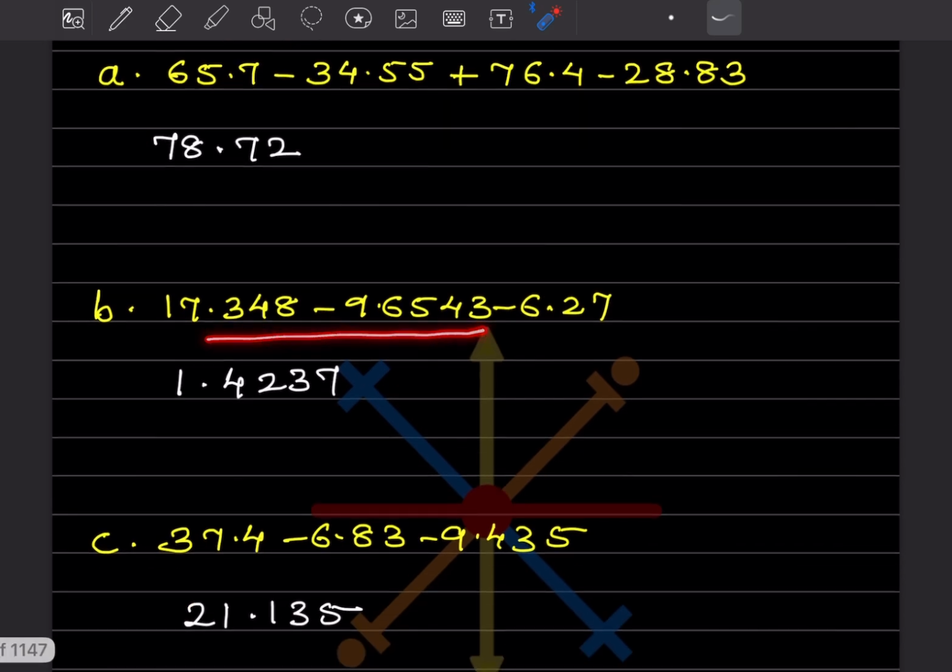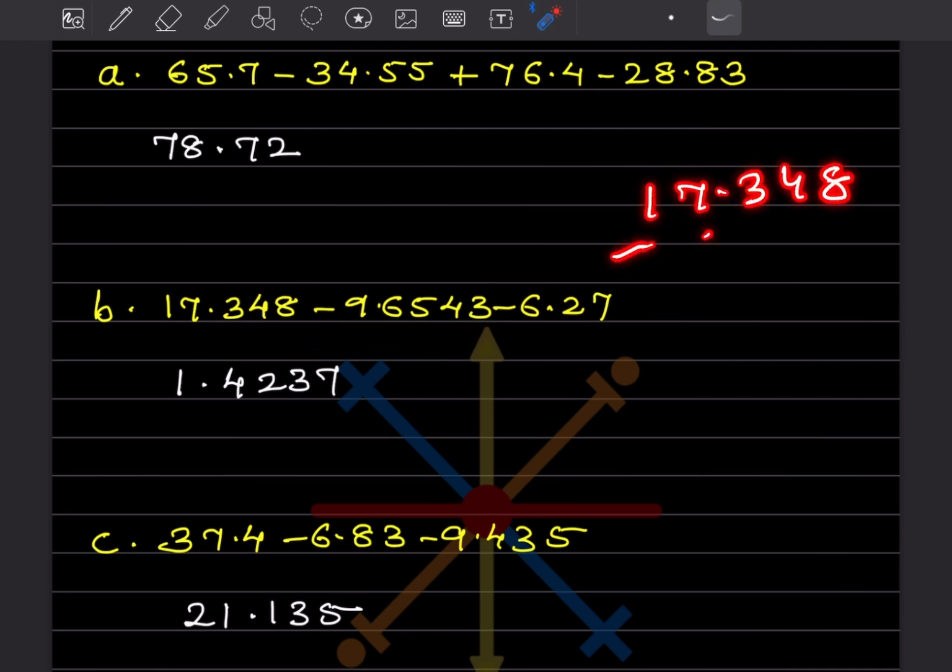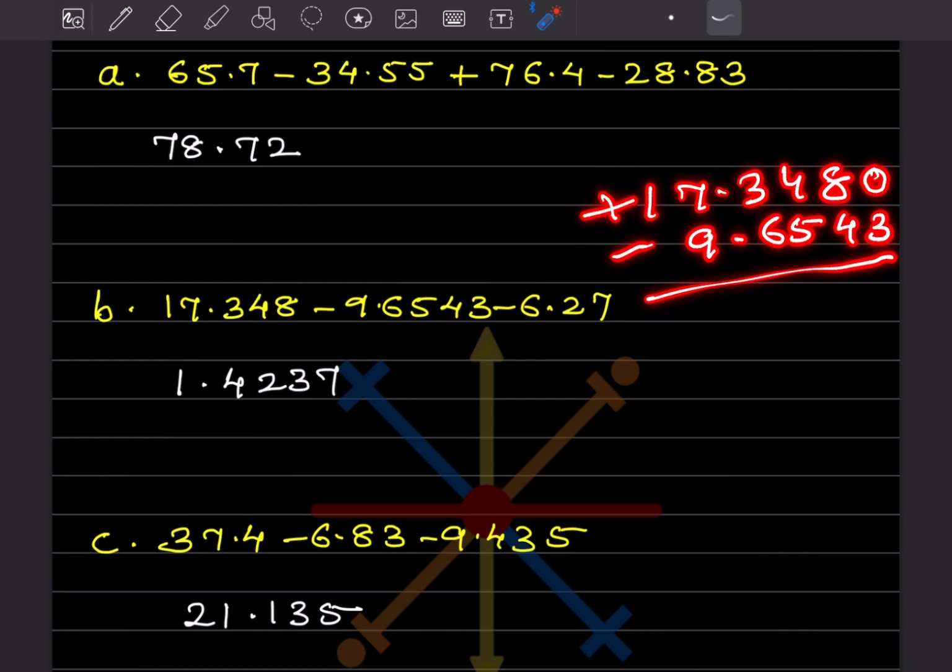So that is going to be 17.348 minus now 9.6543. As I said earlier, we can put zeros, that doesn't change the answer. So this is plus. So this will be 3 and this is going to be 9. So this is going to be here again 6, 7.